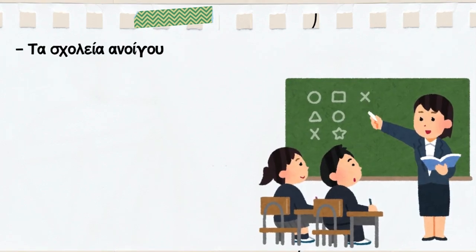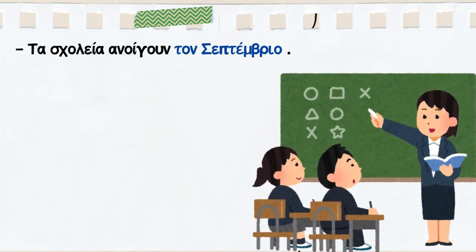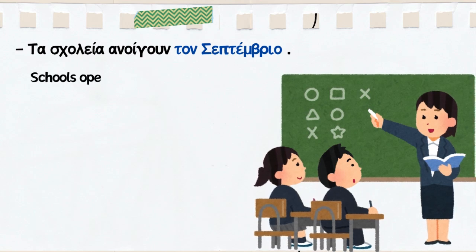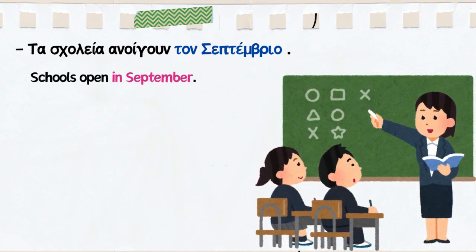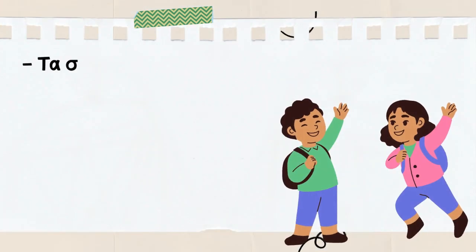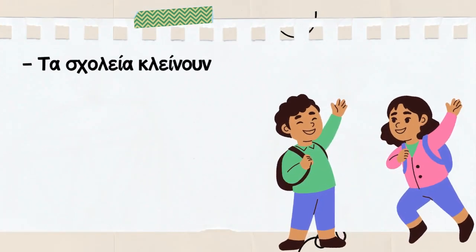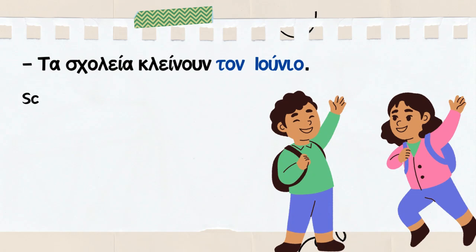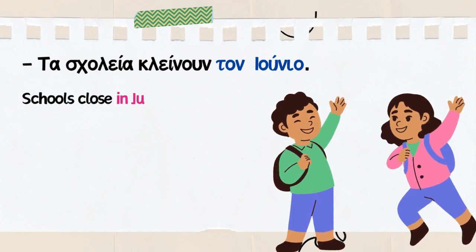Τα σχολεία ανοίγουν τον Σεπτέμβριο, in September. Τα σχολεία κλείνουν τον Ιούνιο. The word in accusative that means in June.